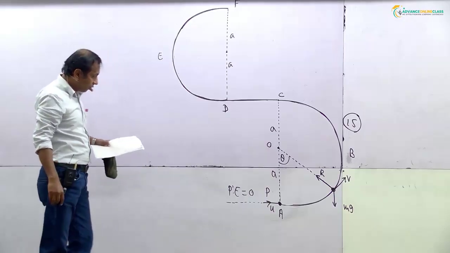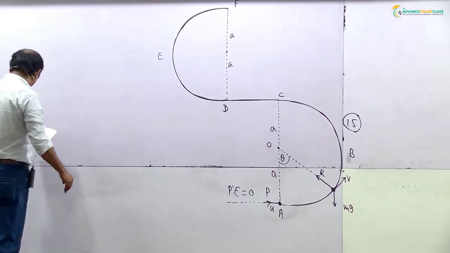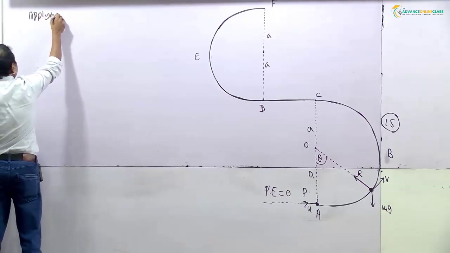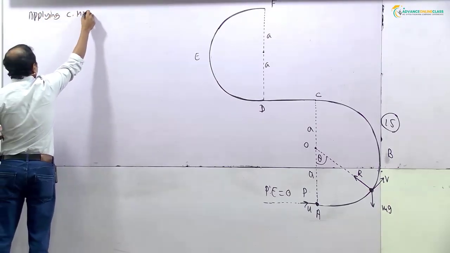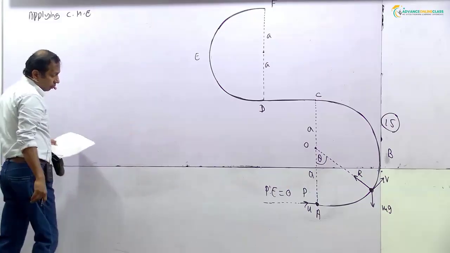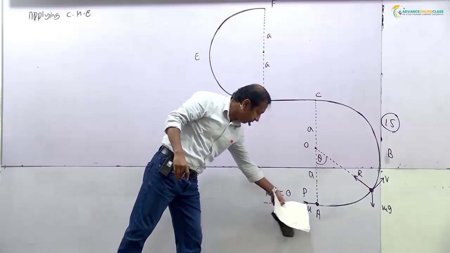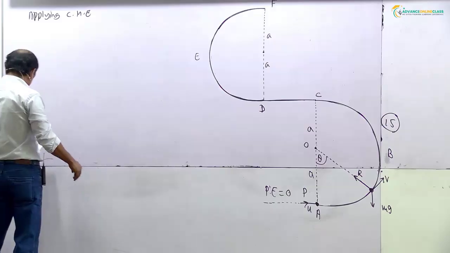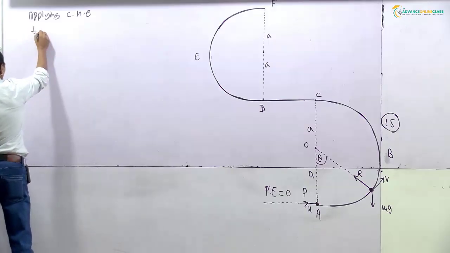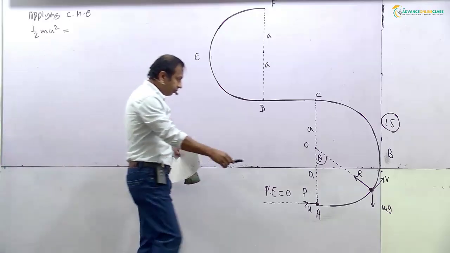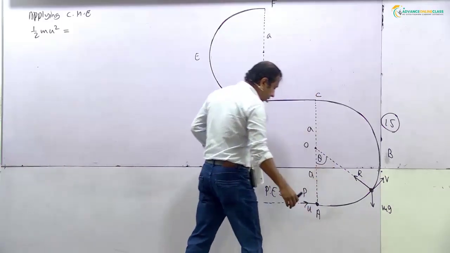Now we can apply conservation of mechanical energy. Initially, at the initial moment, this particle has kinetic energy, half mu squared, no potential energy. Half mu squared is equal to potential plus kinetic.